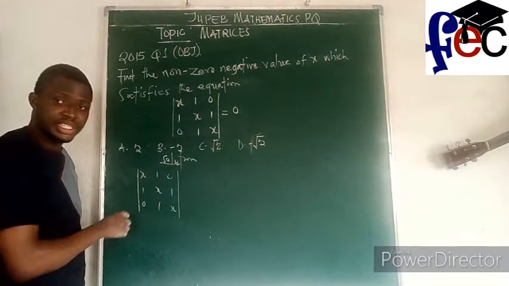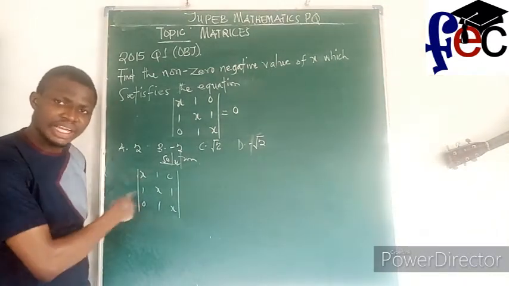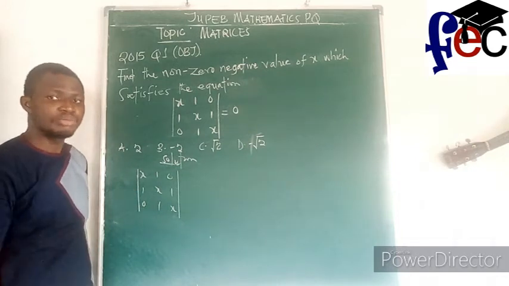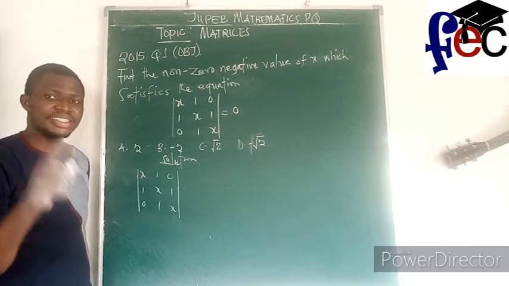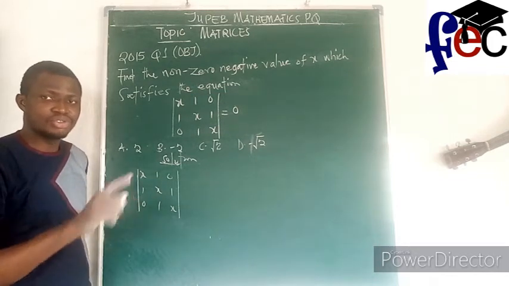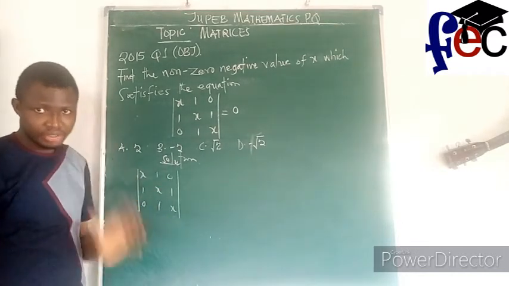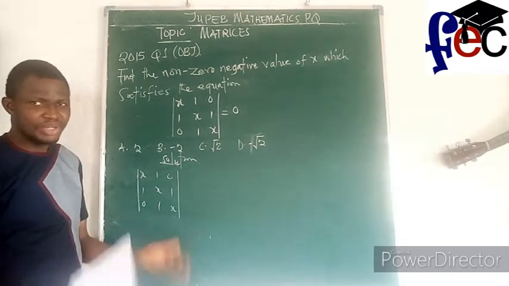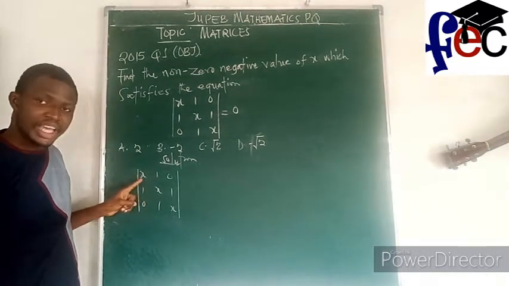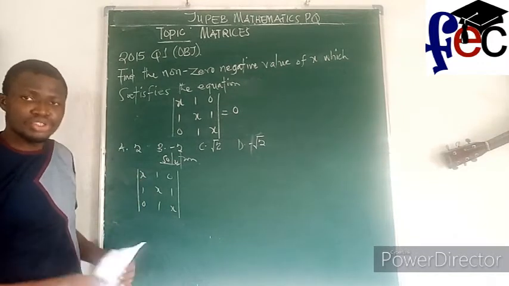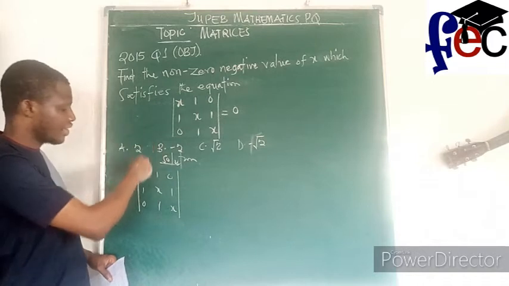Now, so I'm picking this now. The next question is: how do I get the cofactor of an element along any row or any column? It's very simple. The cofactor is just a sign attached to the minor of that element. How do I get the minor? Look at it: for the minor of x, close up the row of x and close up the column of x.